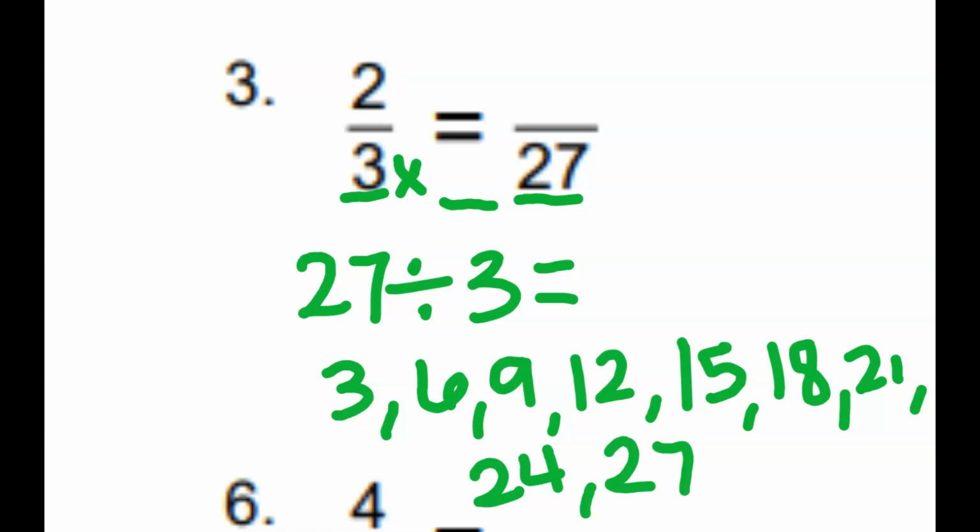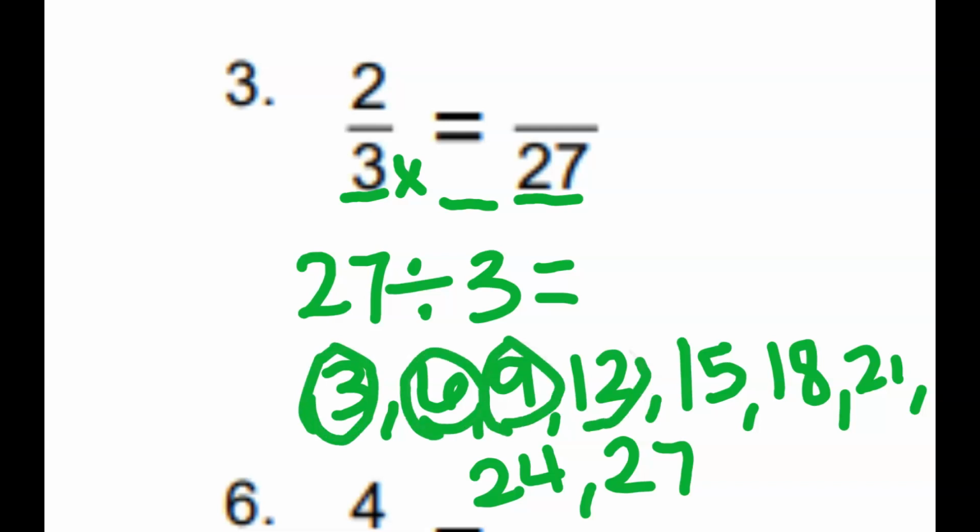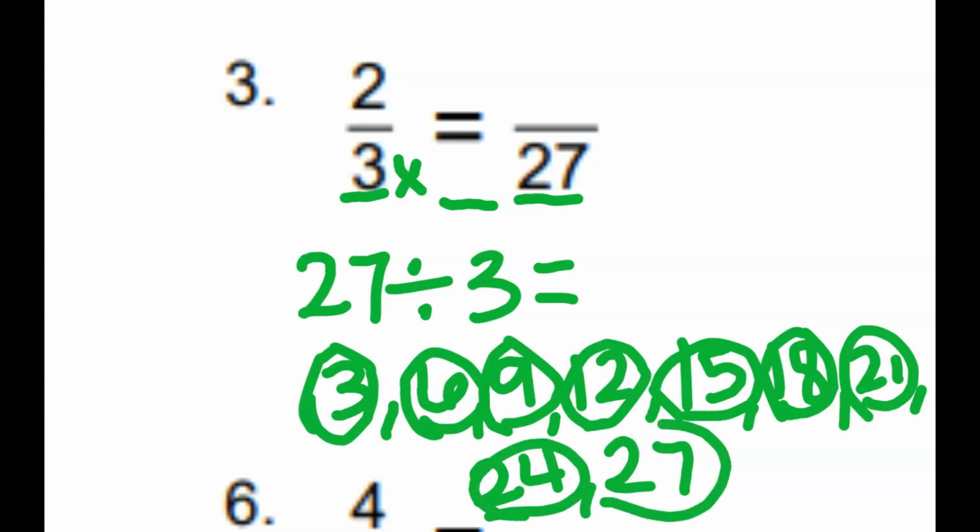How many times did I need to count by 3? 1, 2, 3, 4, 5, 6, 7, 8, 9. 9 times. 3 times 9 equals 27.